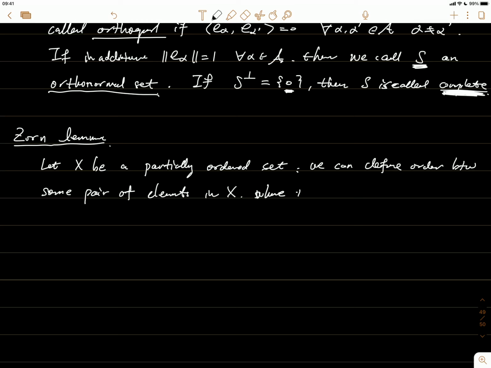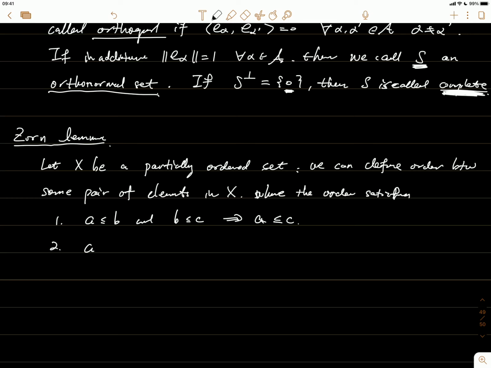Where the order satisfies the first: if A is less than or equal to B. This is how we denote the order. A is smaller than or equal to B, and also B is smaller than or equal to C, then this implies that A is smaller than or equal to C. So if it's an order, it must satisfy this property.